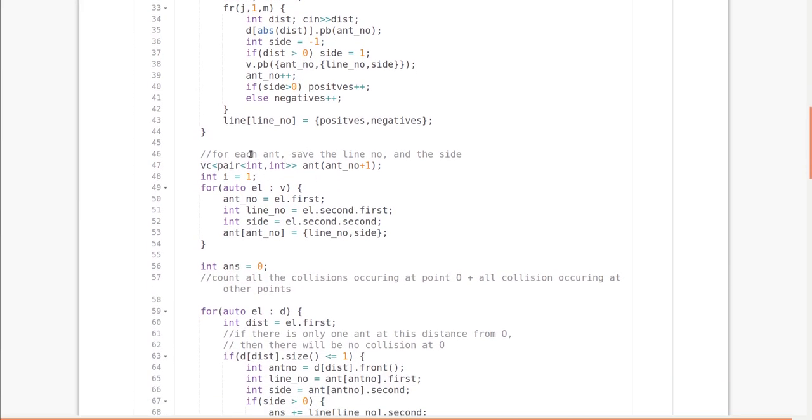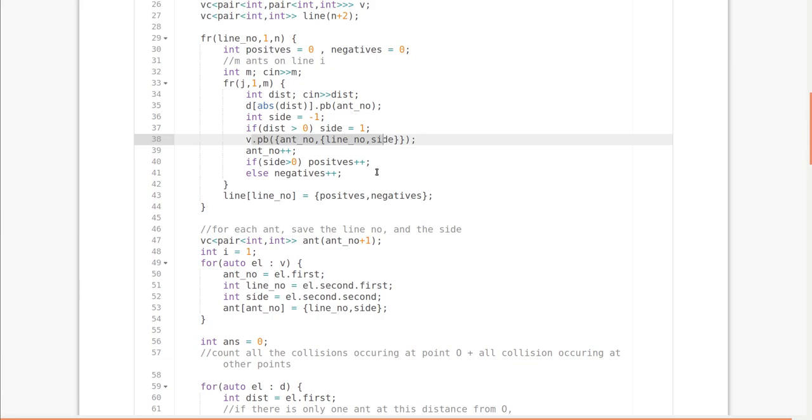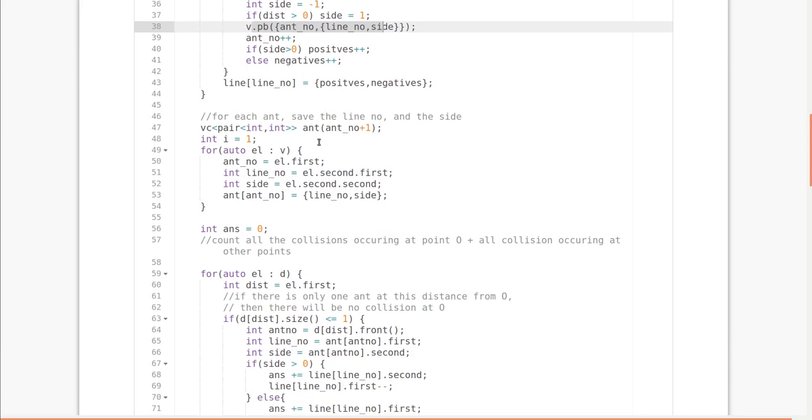Okay, now for each aunt I'm saving the line number and the side. Like v was the temporary vector, and now I'm directly using this array so that for each aunt number I can access the information regarding that aunt in O of 1 time.